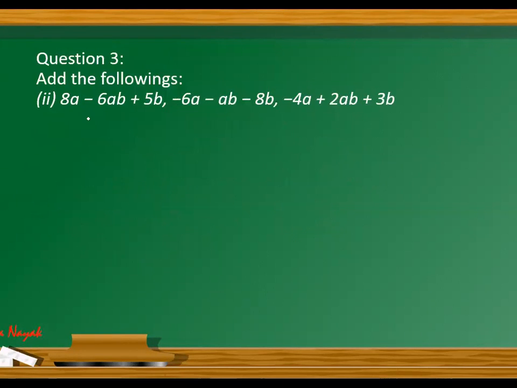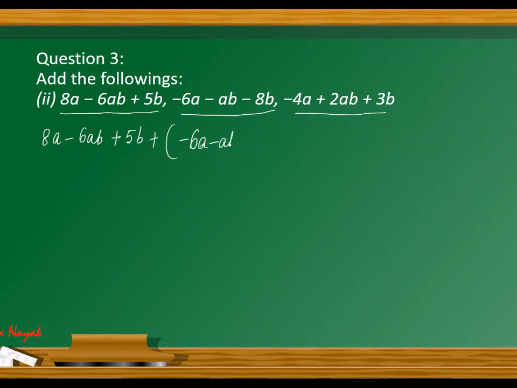Next is again there is a, b, a, b, b, a, b, b. So don't forget to put the positive addition sign in between. This step is very important. We are adding them, so we'll put it in a proper way. Plus minus 4a plus twice ab plus 3 times of b. Then I'll make the group a, 8a.